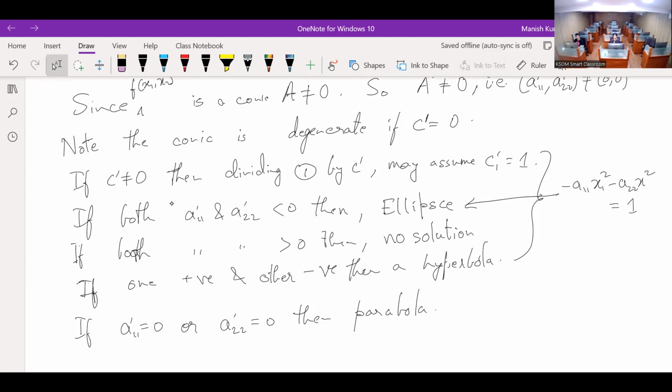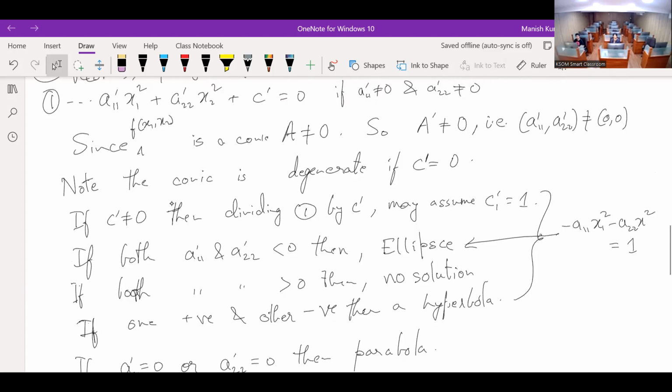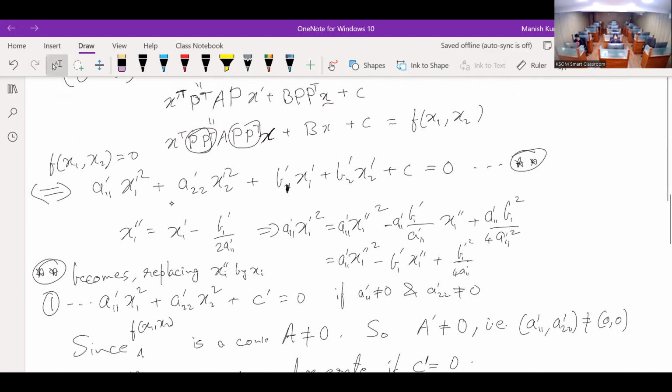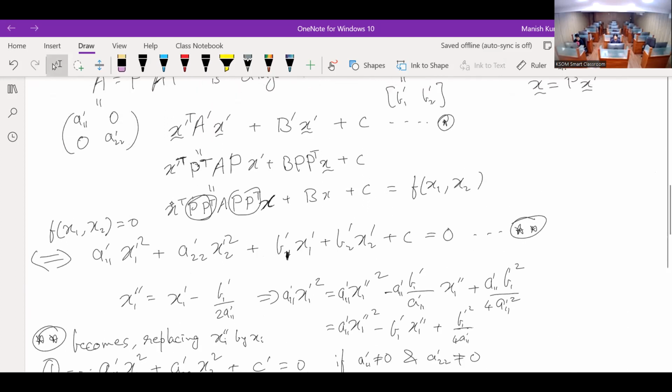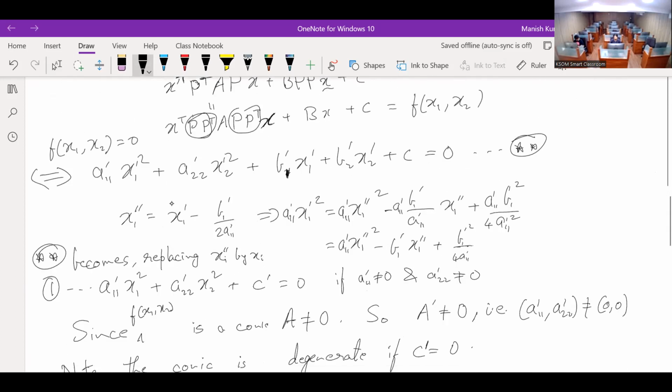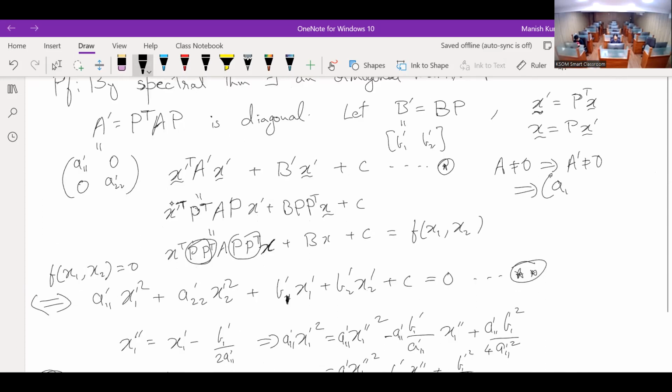Okay, and now the situation is that we know that both A11 prime and A22 prime can't be zero. At this stage itself, we can say this. Since A is non-zero, it implies A prime is non-zero, which implies this condition: A11 prime, A22 prime is non-zero.